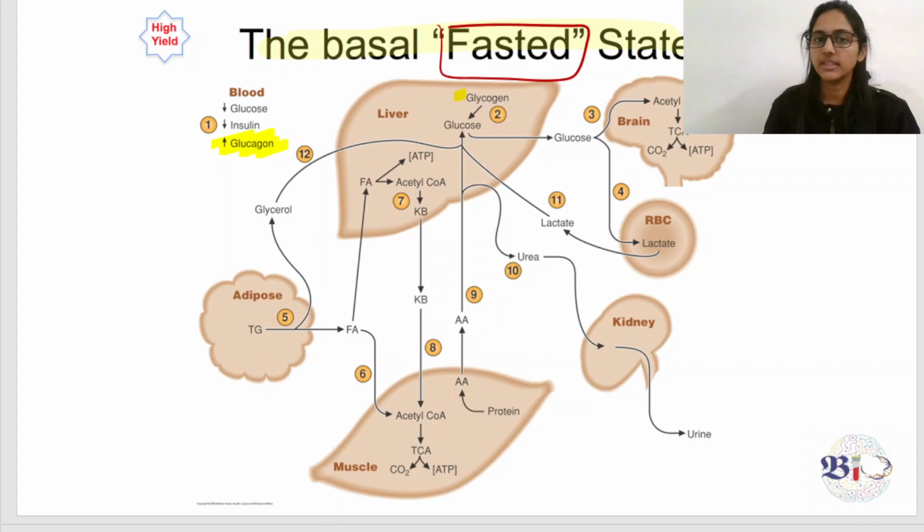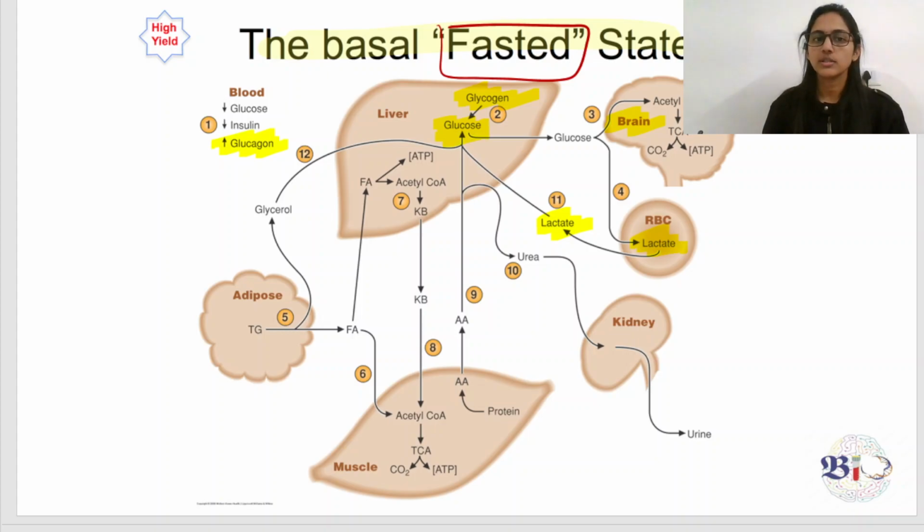So we'll start off with liver glycogenolysis. Liver glycogen gets broken down to give us glucose, and the glucose can be used up by the brain. Yes, brain always tends to use only glucose, and it can also be used up by the RBCs, where it can produce lactate, and lactate can be a precursor of gluconeogenesis, so it can produce glucose.